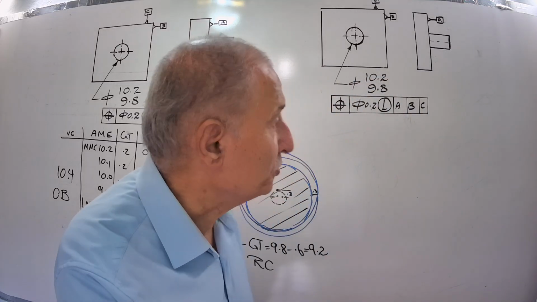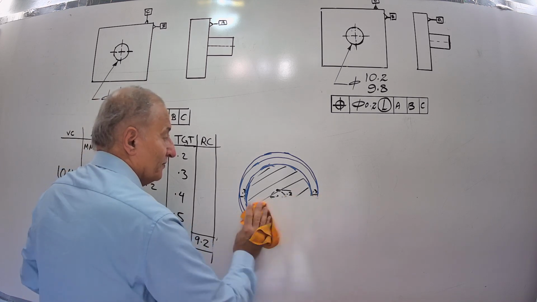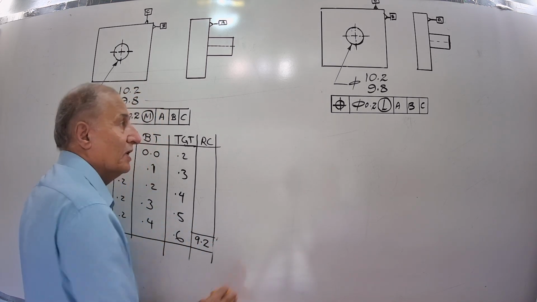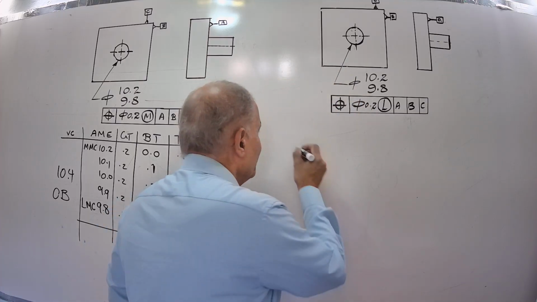Let's return back to the L modifier. Okay. For L modifier, I construct the table again.